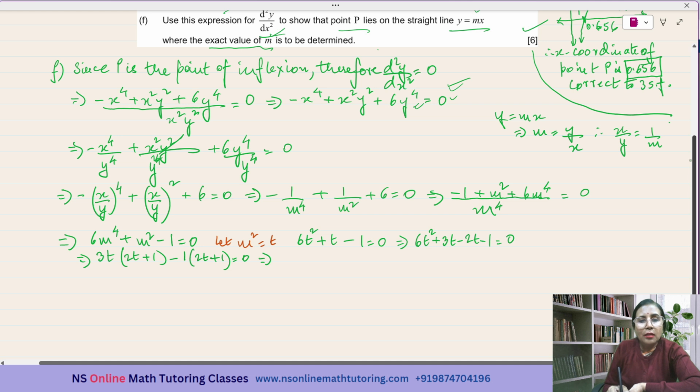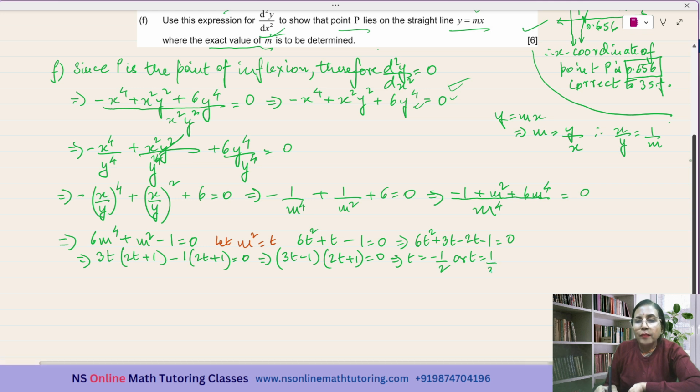So this is 3t minus 1 and 2t plus 1 equal to 0, implies t equal to negative half or t equal to 1 over 3.